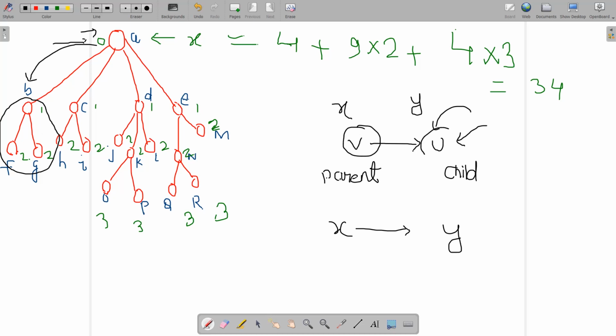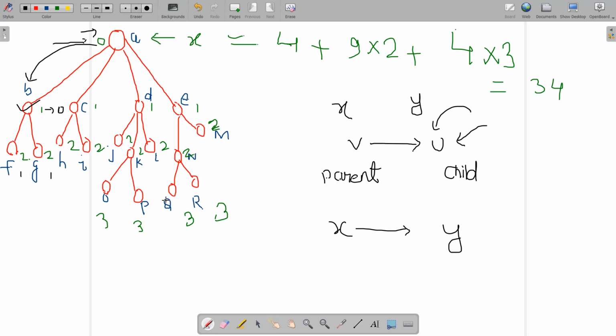I think this is clear now. This statement is very easy. If you take this as the root node, you can see the depths are 1, 2, 2 for all these three nodes. And if you take this as the root node, for all the nodes lying in the subtree of this U, all the depths become the current depth minus 1: 1 minus 1 becomes 0, 2 minus 1 becomes 1, 2 minus 1 becomes 1.